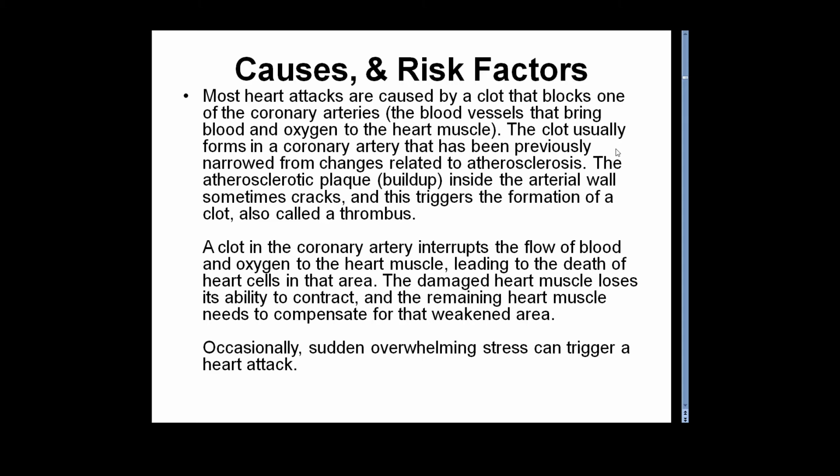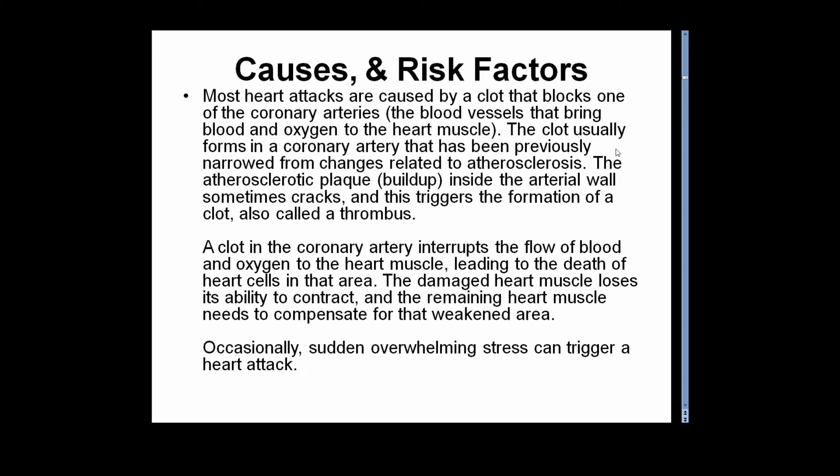The clot usually forms in a coronary artery that has been previously narrowed from changes related to atherosclerosis. The atherosclerotic plaque inside the arterial wall sometimes cracks, and this triggers the formation of the clot, also called a thrombus. A clot in the coronary artery interrupts the flow of blood and oxygen to the heart muscle, leading to the death of heart cells in that area.